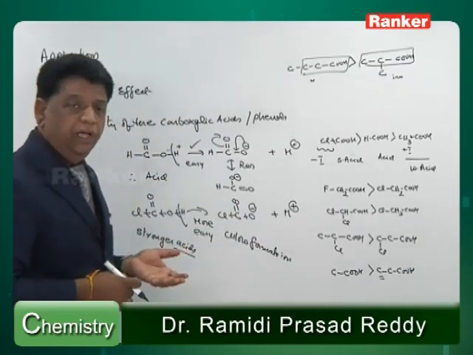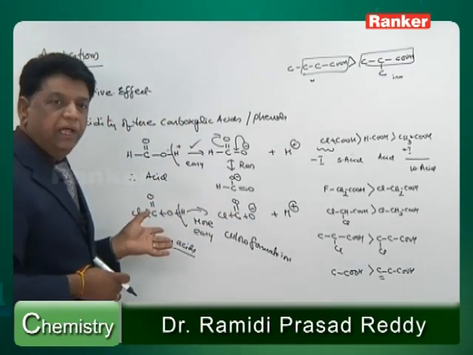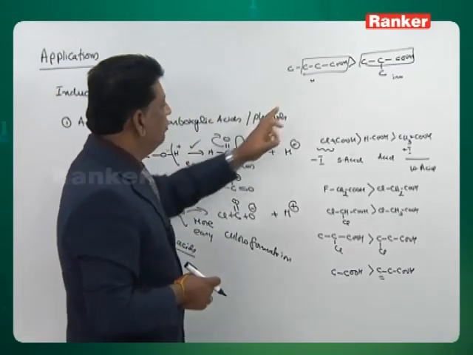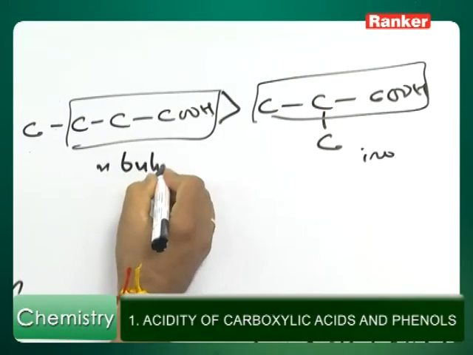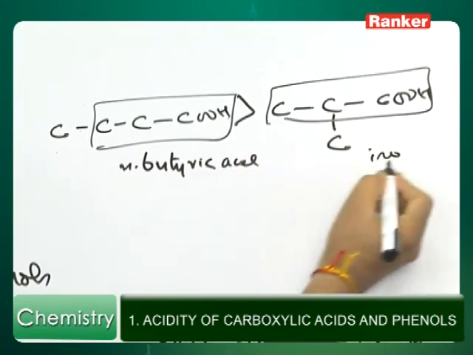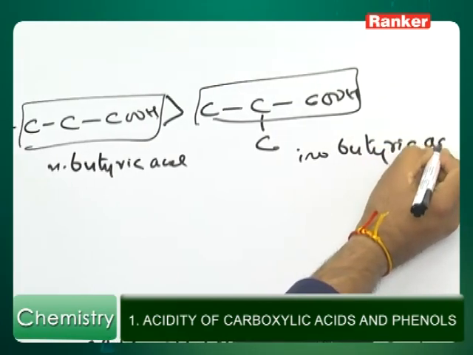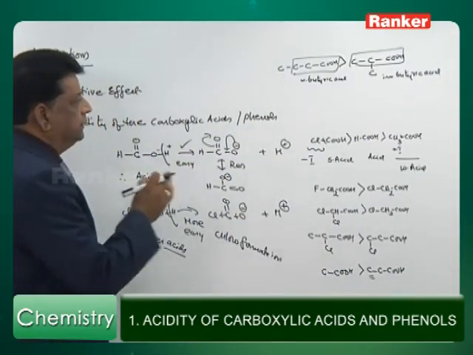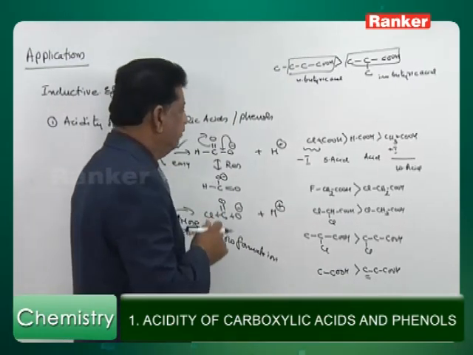Minus I group should be closer to increase the acidity, plus I group should be away from the system so that the acidity is more. So N-butyric acid is stronger than isobutyric acid. The plus I group closer means the acidity is less.